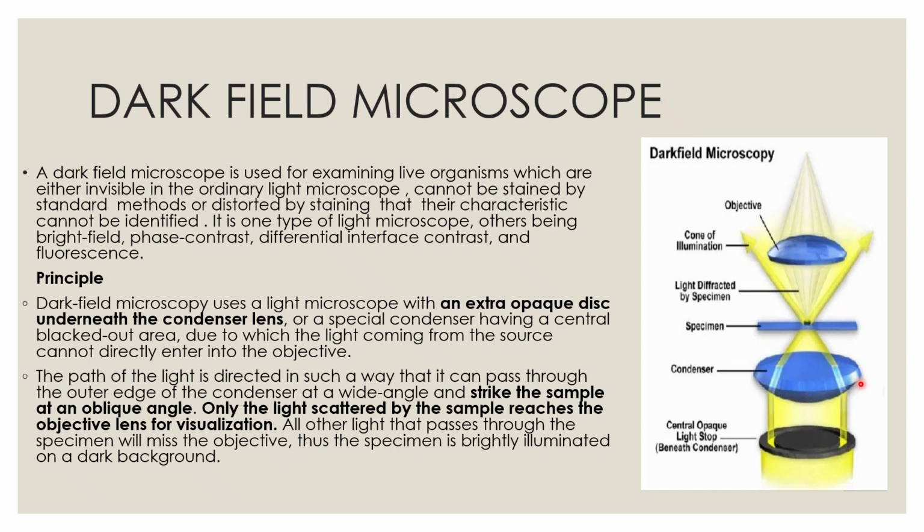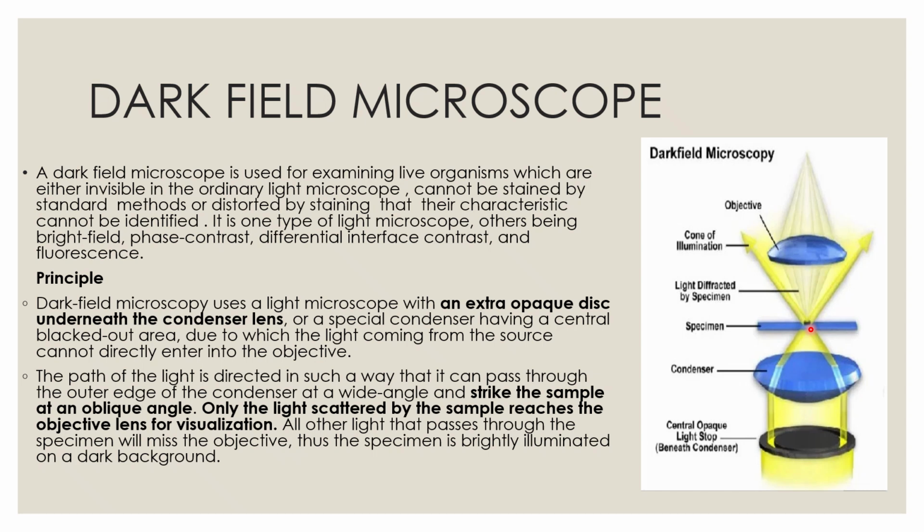When it hits the specimen, the slide is completely made of glass and the specimen will be made up of different components like different proteins and many other components. As a result, there will be a change in the refractive index between the background and the specimen.